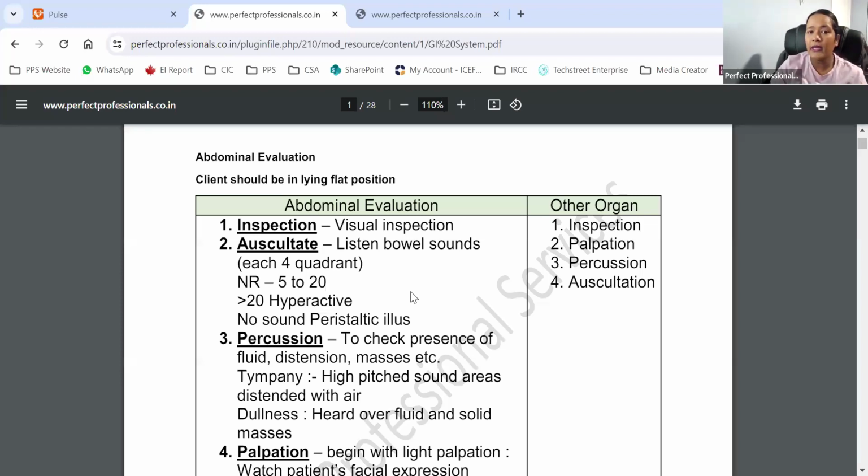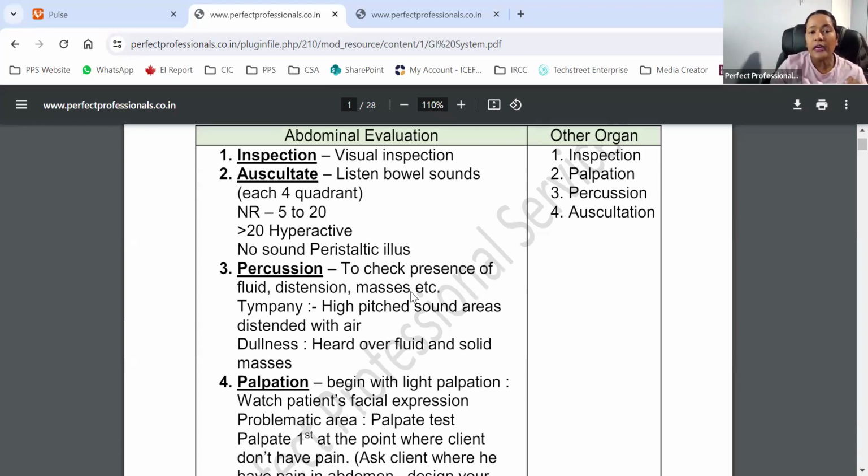Select all that apply or drag and drop. Drag and drop can very commonly come because there is a sequence. The sequence for the abdomen is inspection, auscultation, percussion and palpation. For other organs it will be inspection, palpation, percussion and auscultation, IPPA.